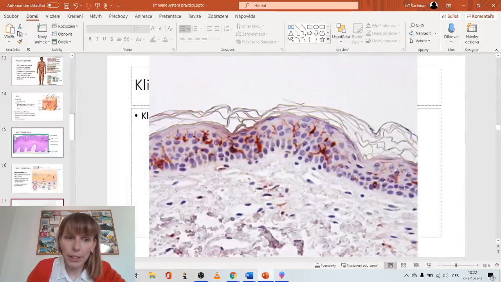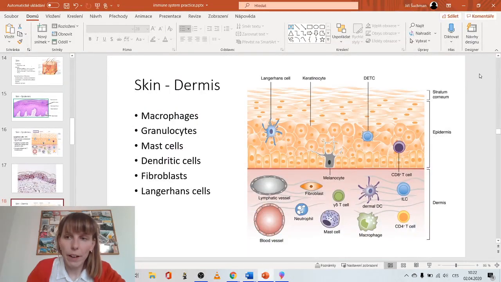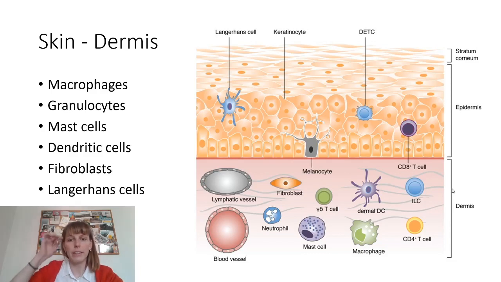That's where you have all the other cells playing a role in the non-specific immune response in the skin. Below the epidermis, in the stratum papillare of the dermis, in the loose connective tissue, you will have macrophages again, phagocytosing everything that got through anyway. Granulocytes, for example basophils, mast cells, the ones we talked about with histamine and heparin.